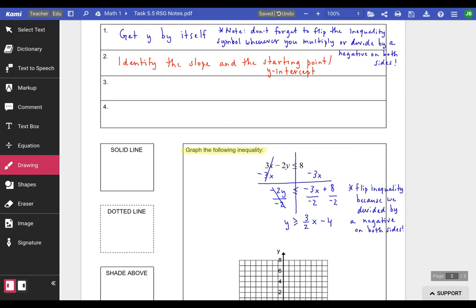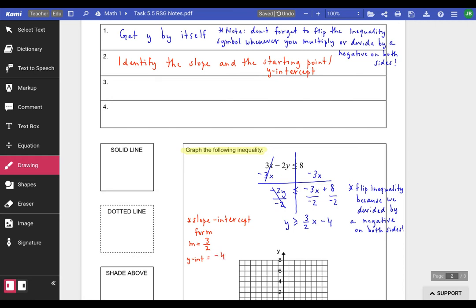So in this case, hopefully we all recognize that my line is in slope-intercept form. So in our case, our slope is 3/2, and our y-intercept is -4.